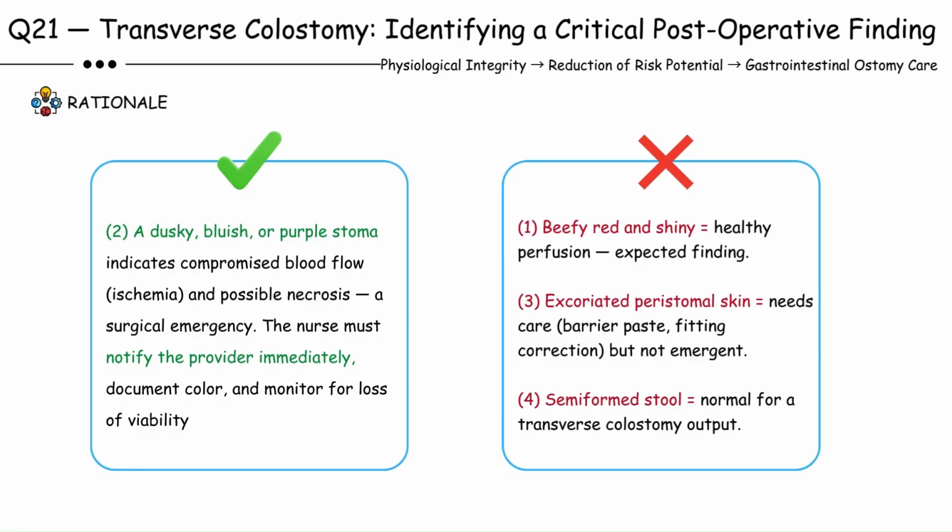Peristomal skin breakdown or irritation is common and needs nursing intervention, such as better pouch fitting, skin barrier products, or teaching, but it is not an emergency. Option 4. Semiformed stool in the pouch. For a transverse colostomy, semiformed stool is an expected type of output once bowel function returns. So only option 2 rises to the level of call the provider now.